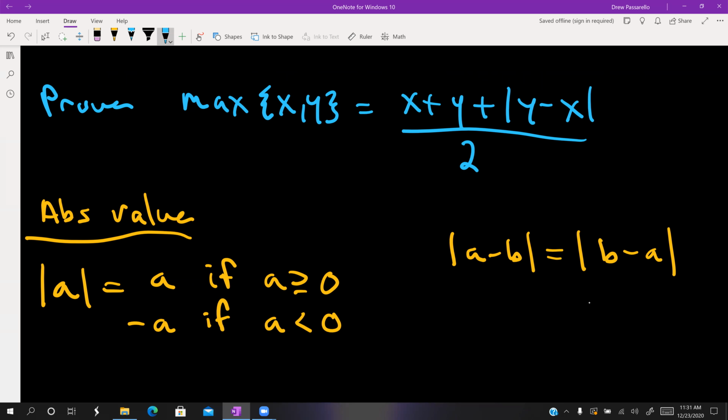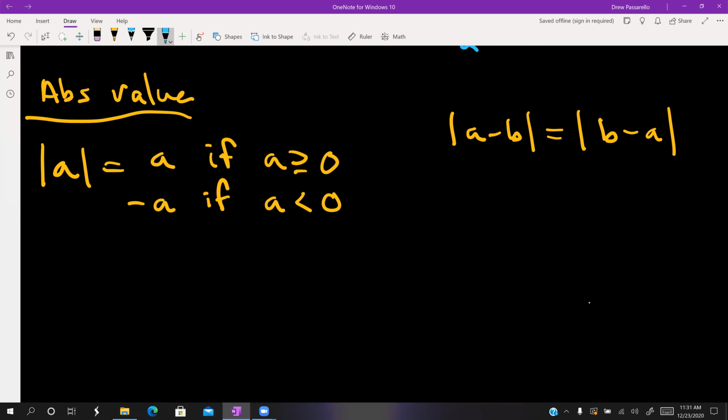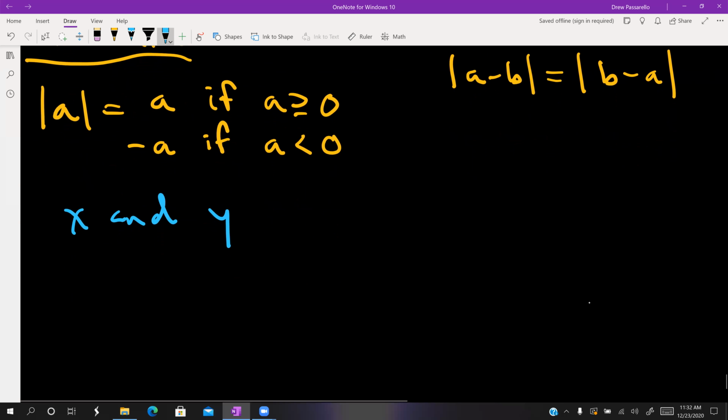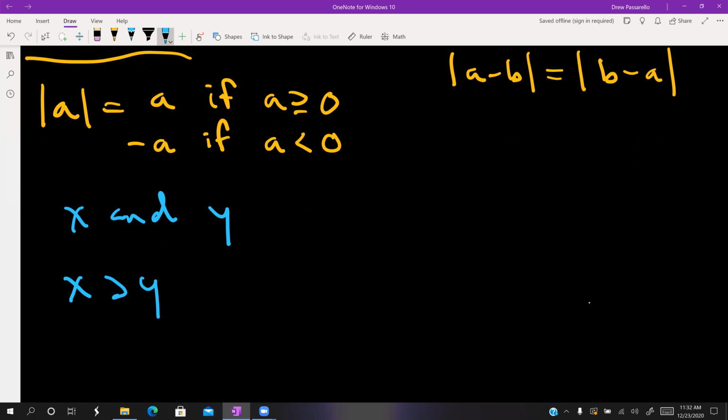All right, so we have two elements, x and y. We could have x greater than y, x less than y, or x equal to y.